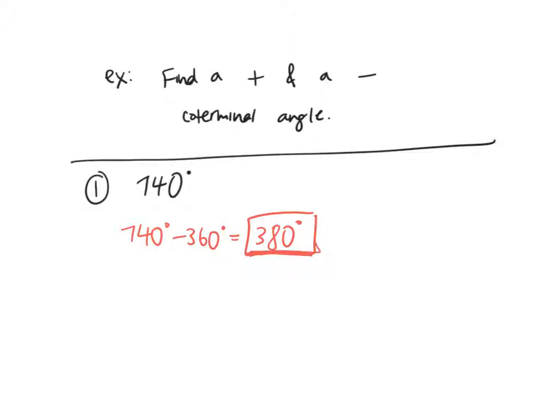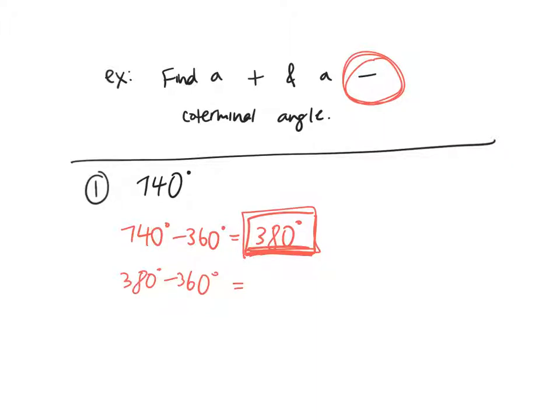The coterminal angle is positive because my final answer is positive, right? So it's positive 380 degrees. And the reason I might want to do that is because I also need to find a negative coterminal angle. So to get a final answer that is negative in its value, I'm going to have to take 380 and subtract another 360. Remember, with coterminal angles, you're adding or subtracting multiples of 360.